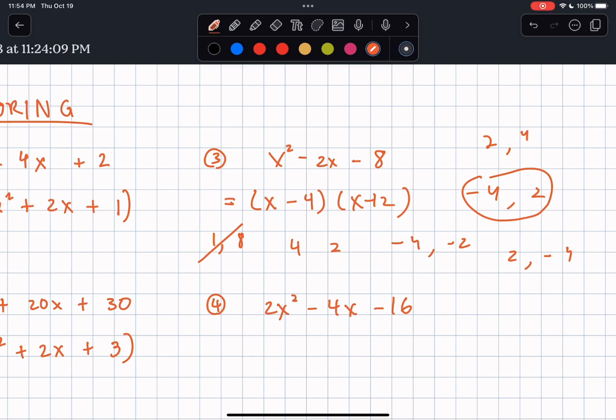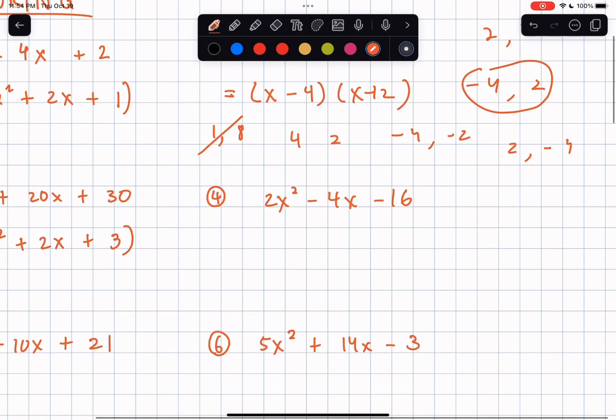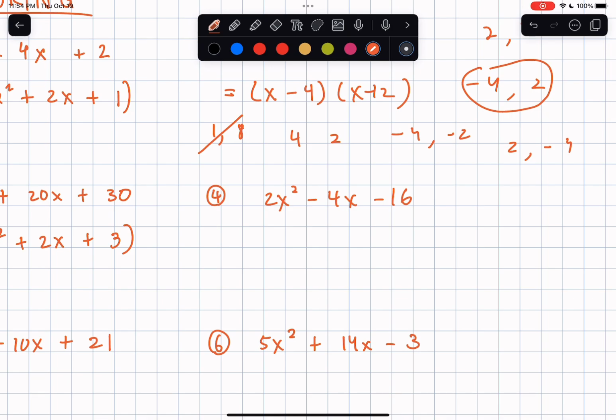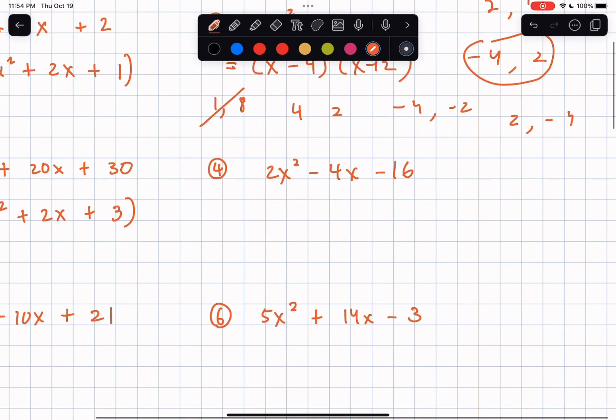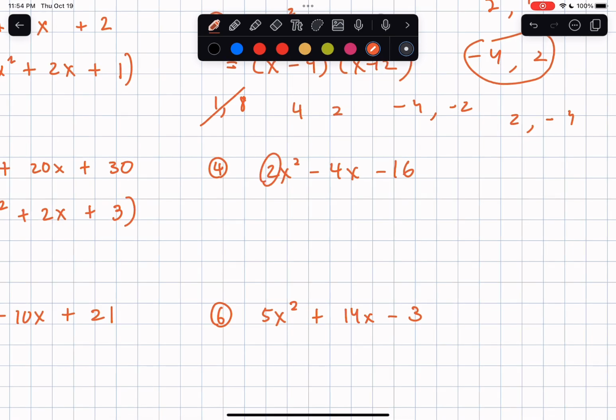So you list 4 and 2, and you can try negative 4, negative 2; negative 4 and 2; 2 and negative 4; and 2 and 4. Based on this, you can see that negative 4 and 2 are the only ones that multiply to negative 8 and also add up to negative 2.